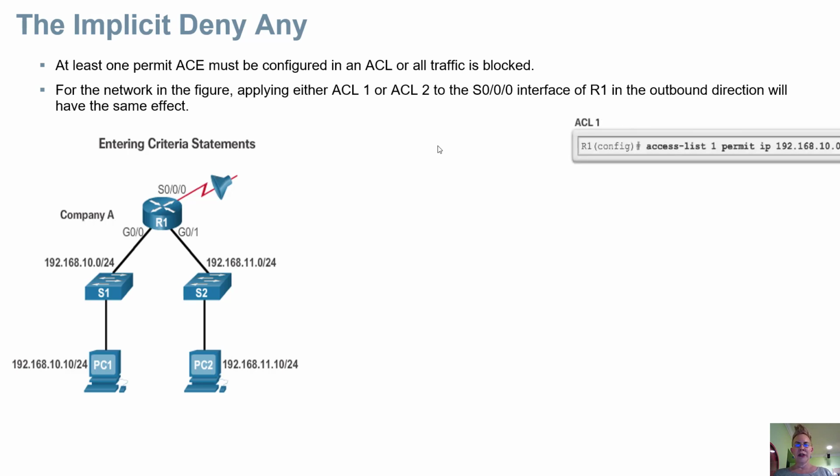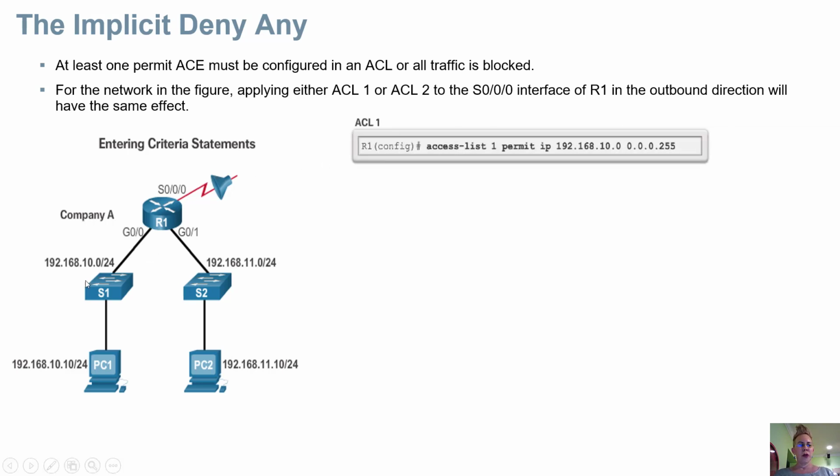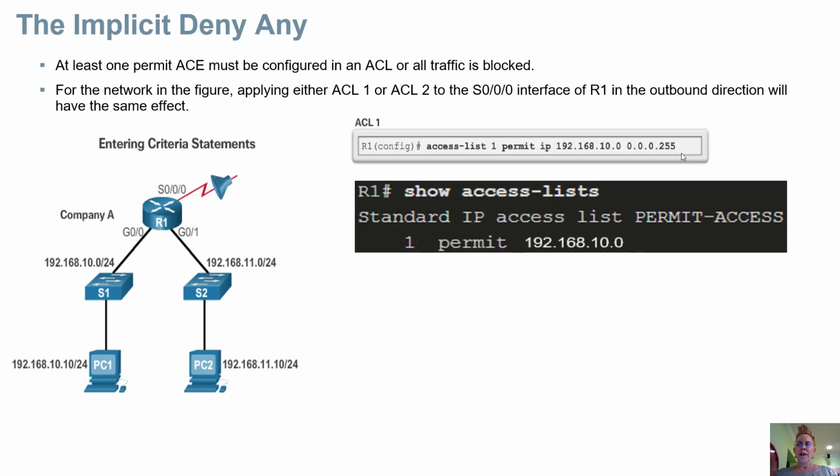So in this example, what we want to do is permit this traffic from the 10.0 network to go out S0/0. So I write a permit statement for that, and notice it's a .255, so I'm allowing all of the hosts. And this is what I see when I do a show access list. I see access list 1, and it's a permit for this network.